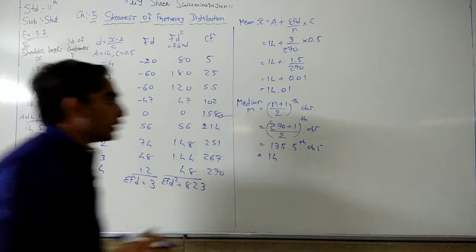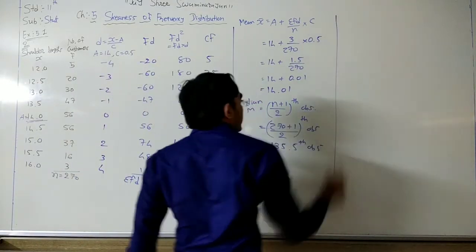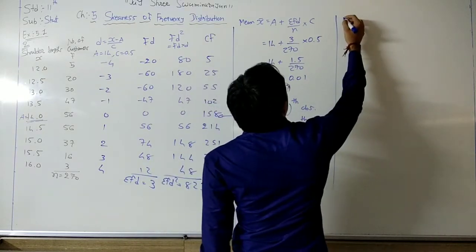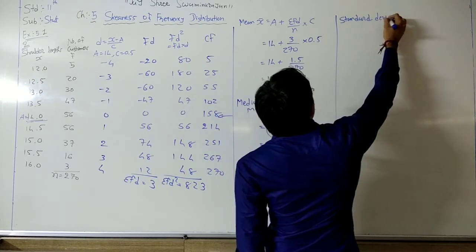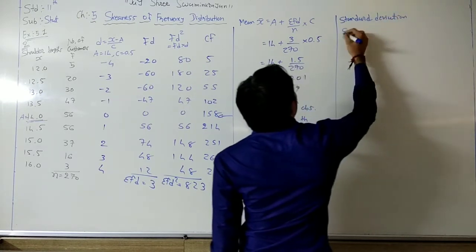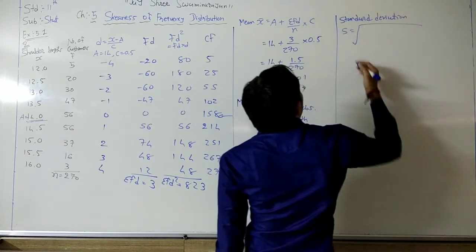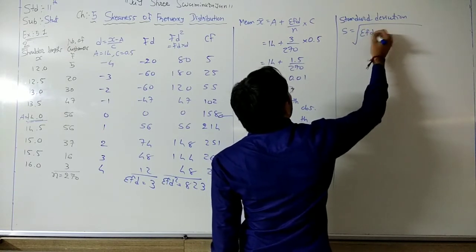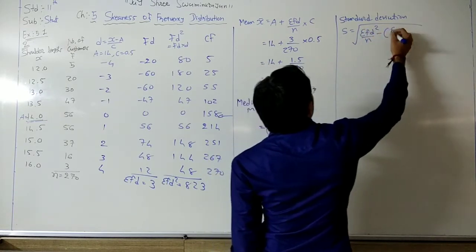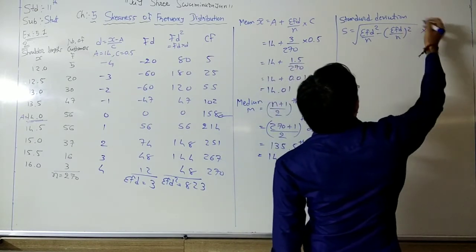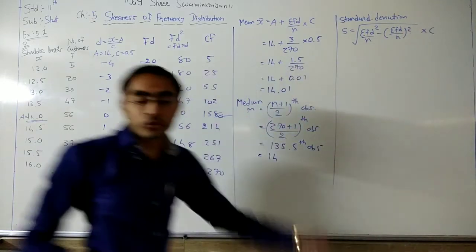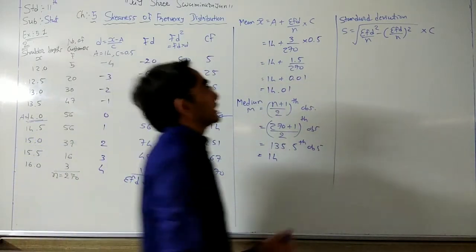Now standard deviation S. What is the formula? Sigma FD square divided by n, minus sigma FD divided by n all square, and outside the square root multiply C, because here we are using the step deviation.